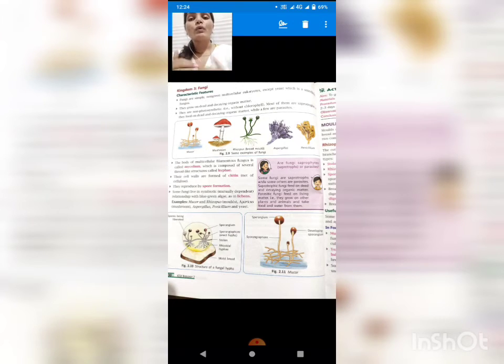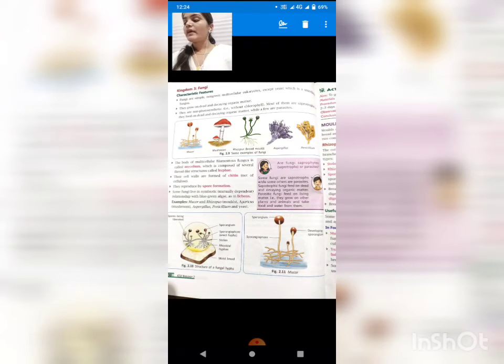They need various cells to complete a whole body. Except yeast, because yeast is a unicellular fungus. Students, yeast is a unicellular fungus. All the remaining fungi are multicellular.